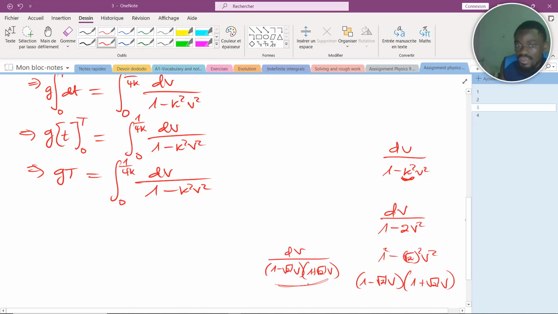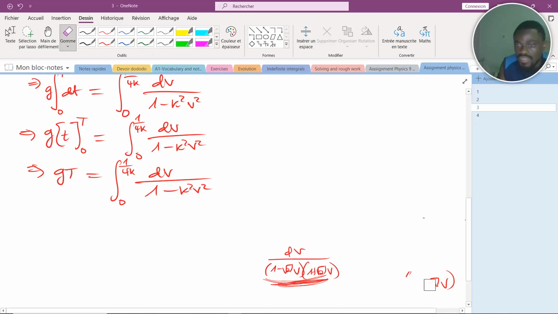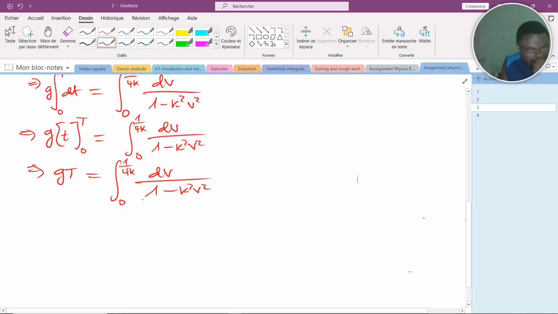You express 1 over 1 minus root 2 v into 1 plus root 2 v in partial fractions, and you integrate. So you see that in these resistive motion problems, there is a lot of integration involved. You have to master your techniques of integration. Do you understand me? So let's proceed.